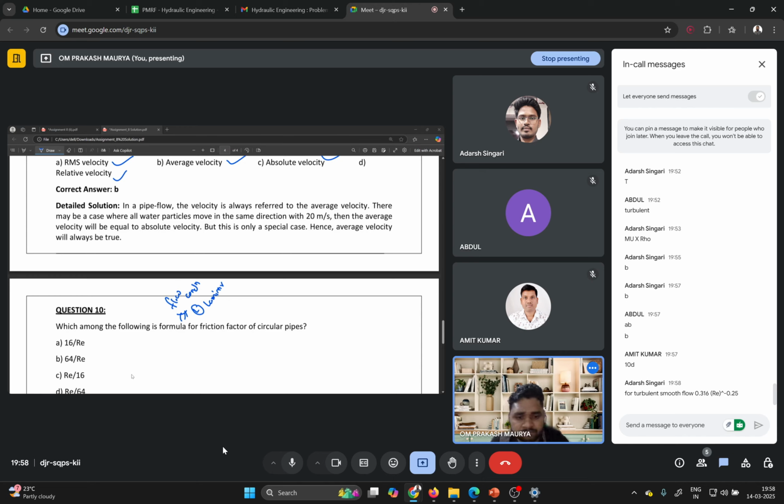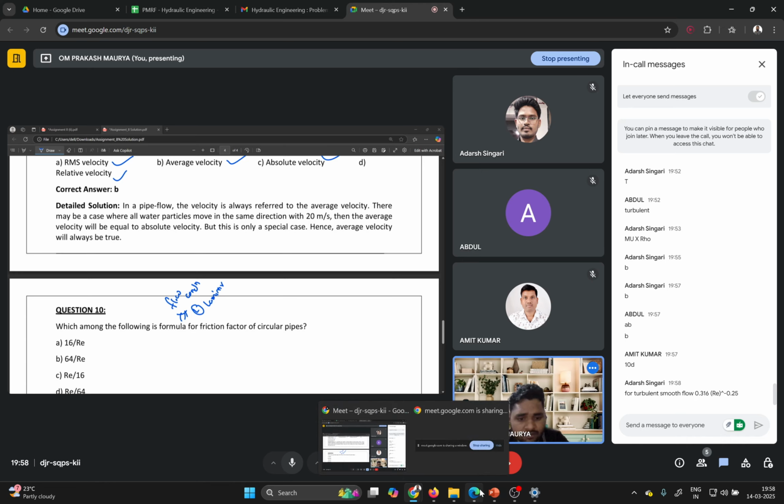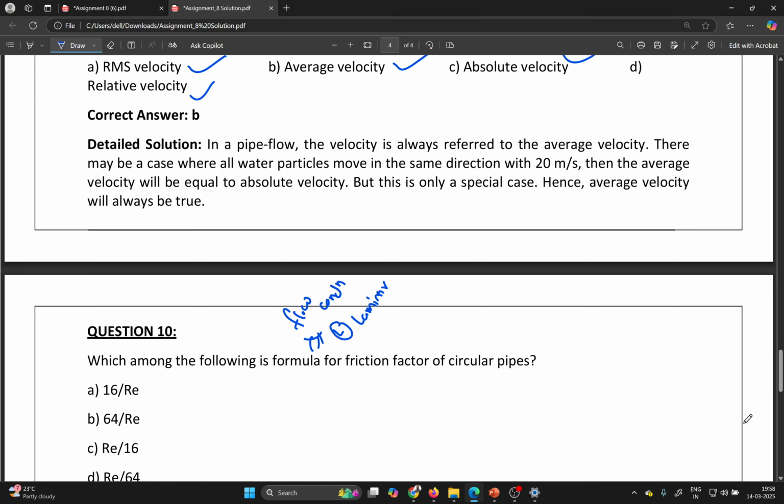Are you okay? So option B will be correct for laminar flow in a circular pipe, or any laminar flow, not specifically circular. Let me just move on.